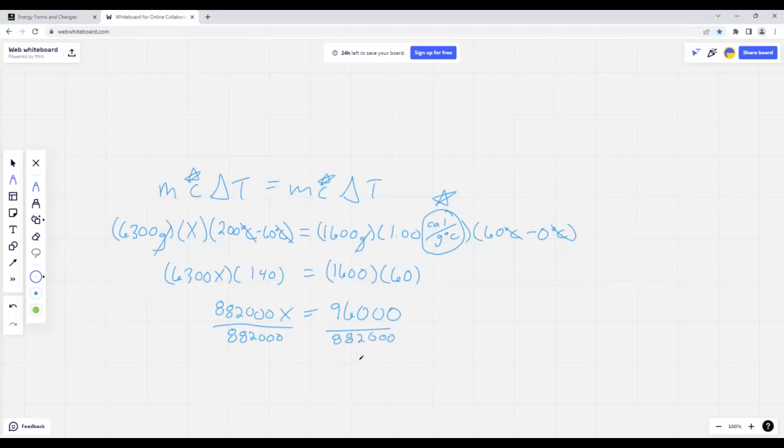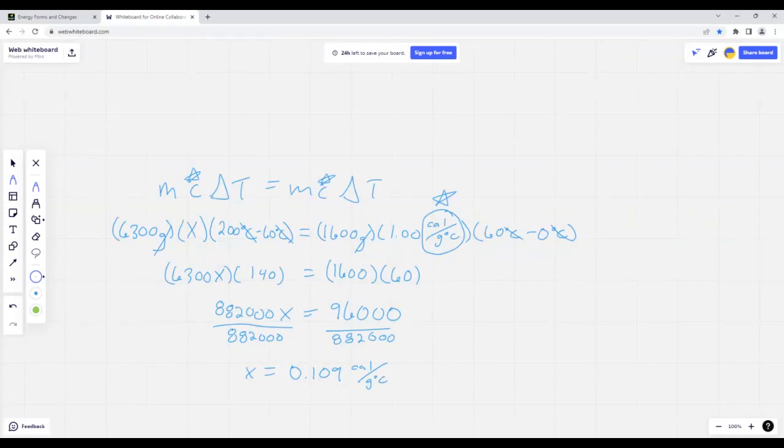Because this is a metal, it should be a small decimal answer. So don't panic if it's a weird 0.0 something, 0.1. That is actually proper here. So running this through the calculator, it looks like 0.10884, and so on. So 0.109 if we round that to 3 places like we have from the textbook.